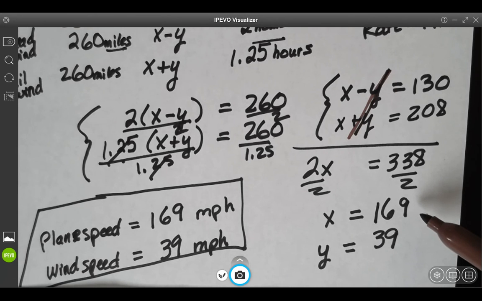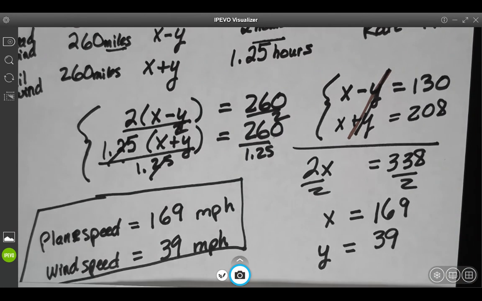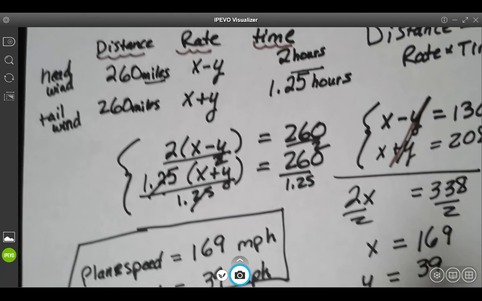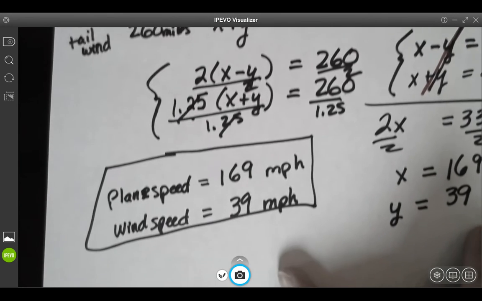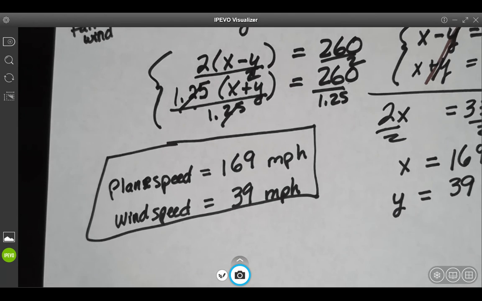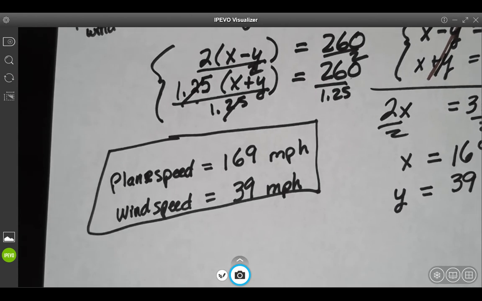Then go back and plug it into any equation above that has an x and a y in it and find that y equals 39. Then we have to answer the question they ask. The plane speed, the actual speed, is 169 miles per hour, and the wind speed is 39 miles per hour. Hope that helps.